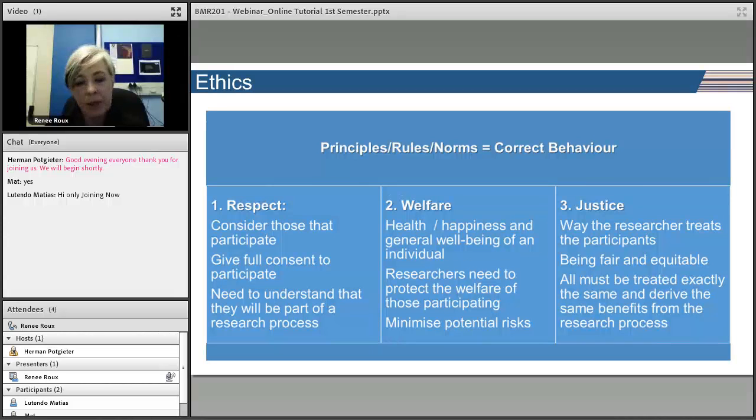We do personal interviews, and some of the participants we pay and others we don't, but it's the same survey. That's not necessarily fair. So we have to make sure that everyone is treated the same in the research. Okay, so that's just trying to explain in a nutshell the three principles of correct behavior: respect, welfare, and justice.